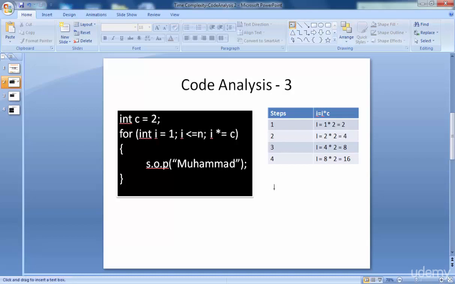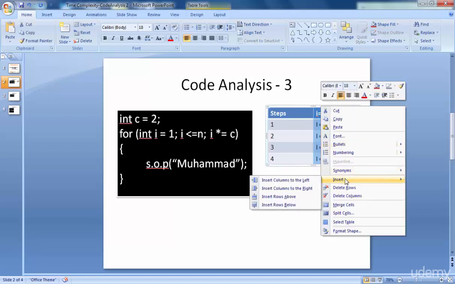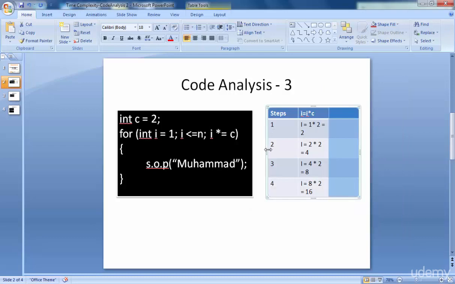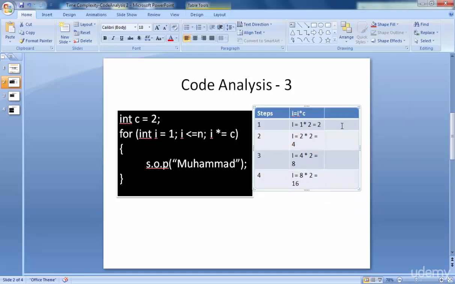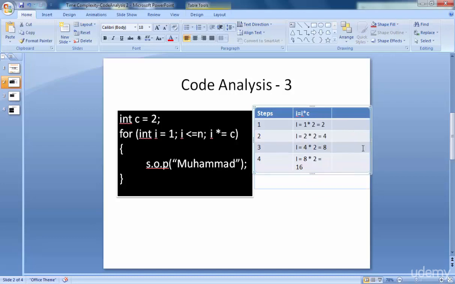Let me insert a column to the right and write it here. And at the fifth step, the value of I will be 2 raised to power 5.